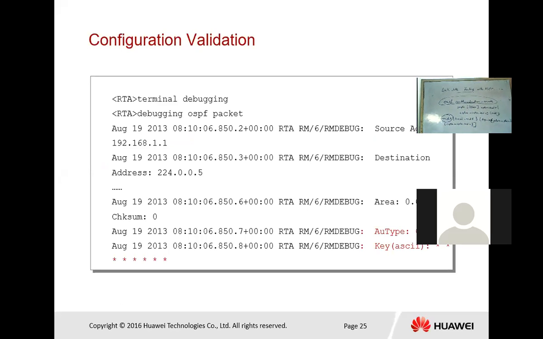So here is the debugging ospf packet command. This should be used to specify that debugging should only be performed on OSPF specific packets. As a result, the authentication process can be viewed to validate that the authentication configuration has been successfully implemented.